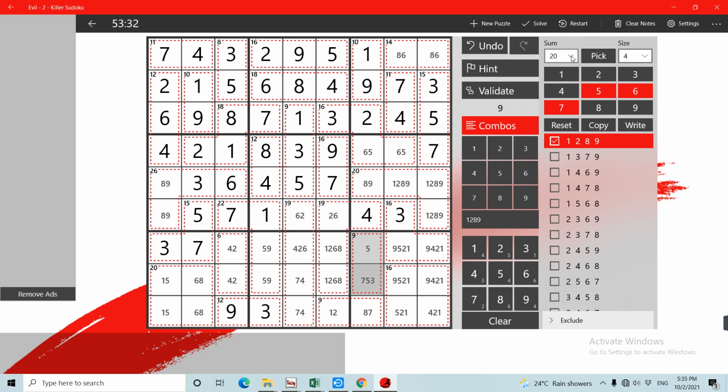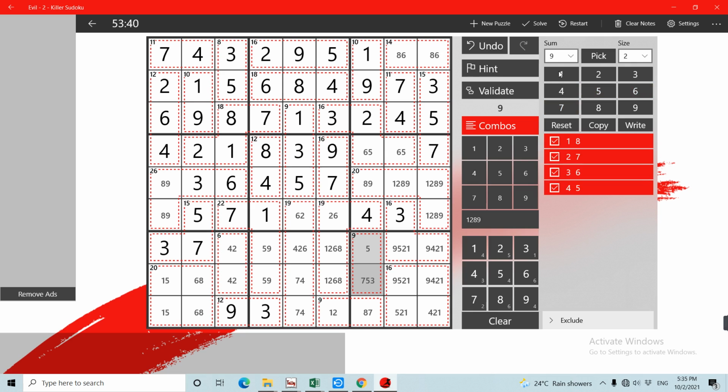So now let's look at this 9, size of 2. Cannot have 1, 2, 4. So this needs to be 3 and 6.